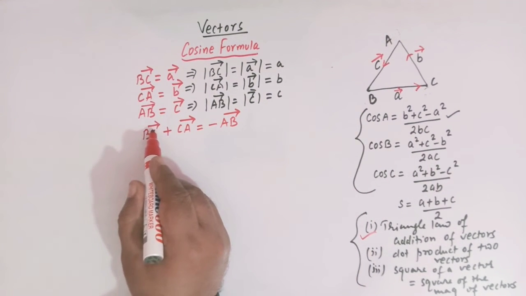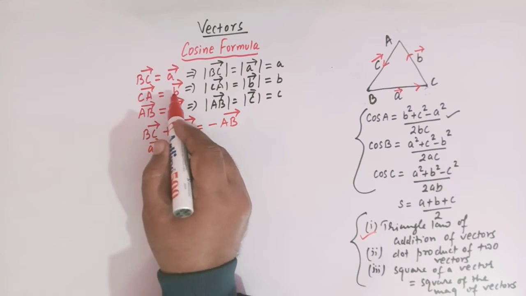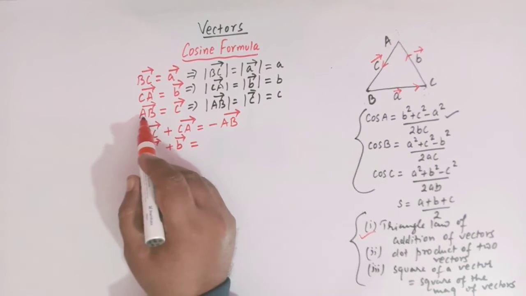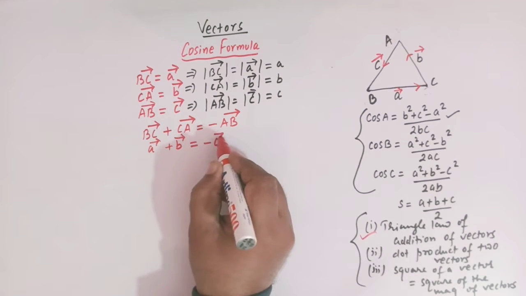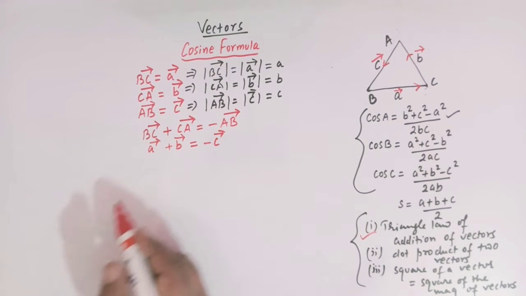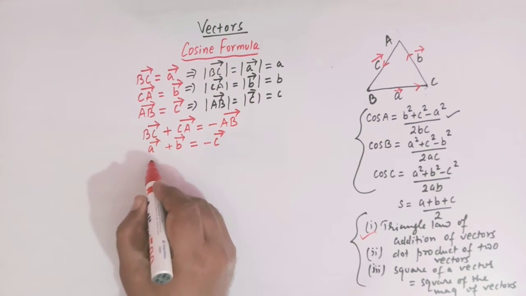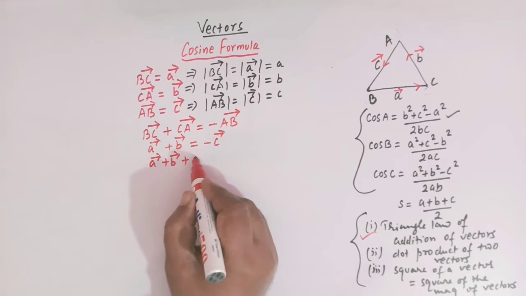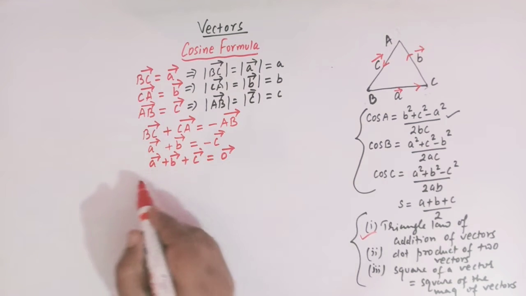Vector BC is a, vector CA is b, and vector AB is c, so we have minus vector c. Taking this vector to the other side, we have vector a plus vector b plus vector c is equal to the zero vector.